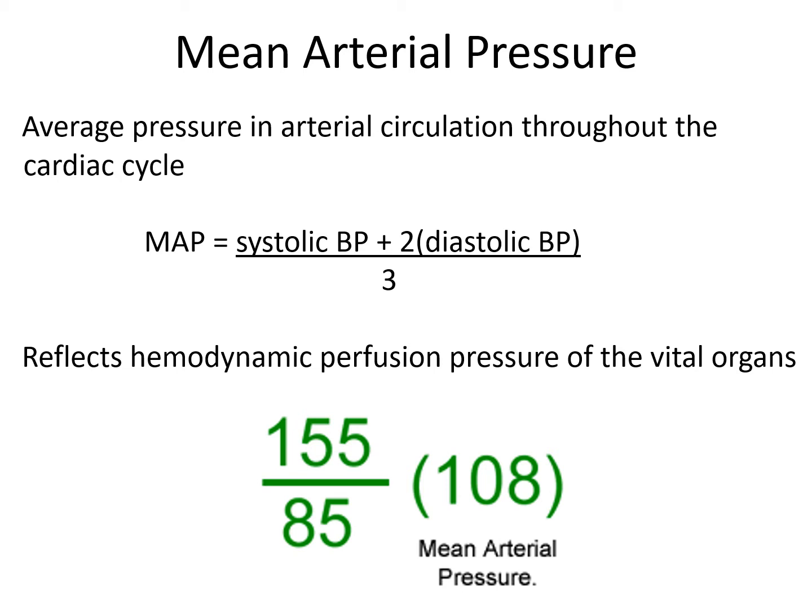Okay, so when it falls below 60, that's a problem. When the kidneys are not being perfused, we begin to see that they cannot clear nitrogenous waste from our bloodstream, and therefore we have an elevation in our blood urea nitrogen and creatinine levels.